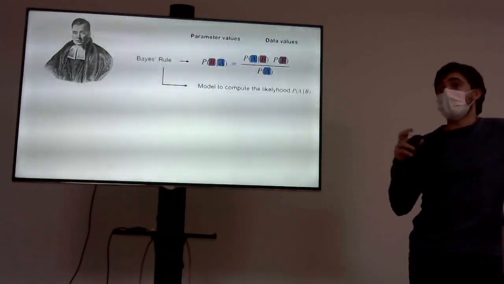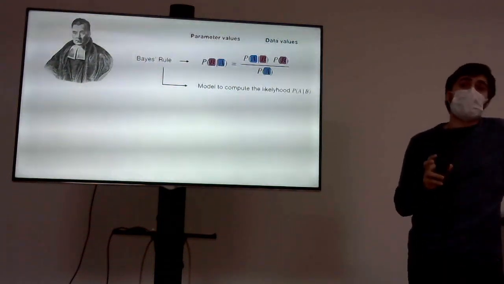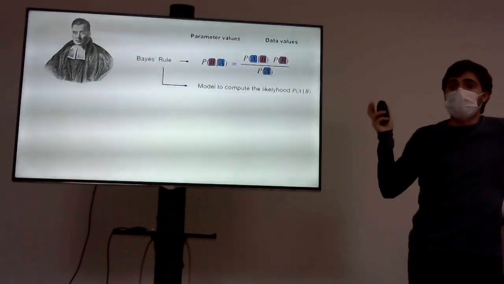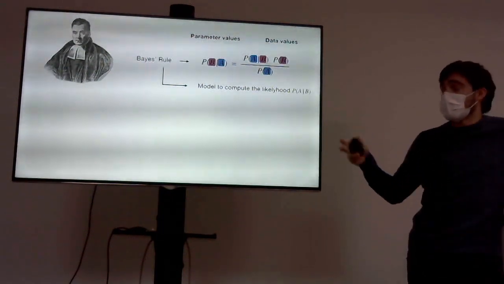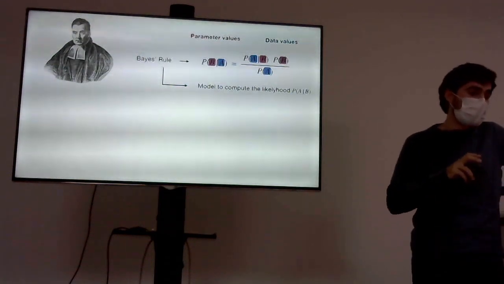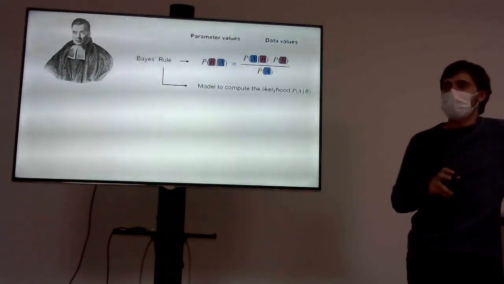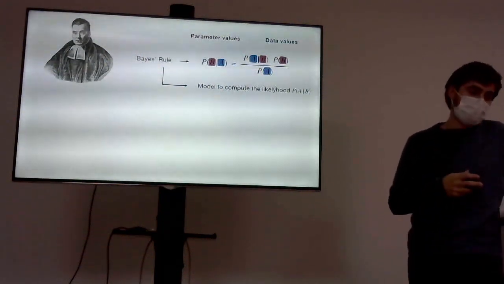So you start by modeling your system somehow. If you don't have any idea of what is going on in your system, you just invent the model, and then by applying Bayes' rule, you'll see how good or how bad the model is. But if you have some idea of how the system is evolving, then you can model it better from the beginning.